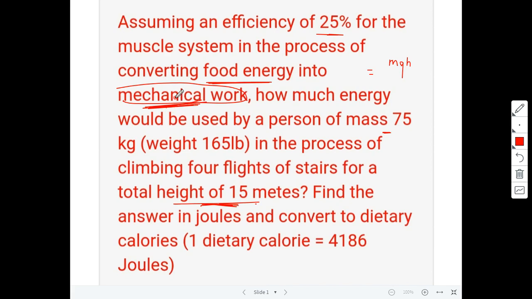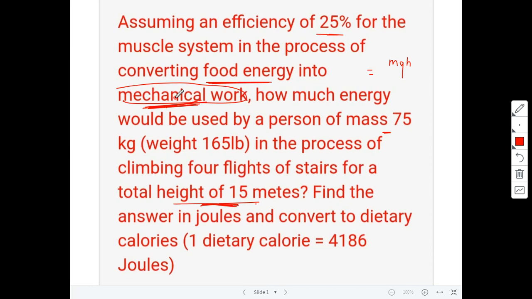So 75 times 15 times 10 equals 11,250. Then times it by 0.25. G, you have to take it 9.8 times 15 times 75. So it's 15 times 75 times 9.8.